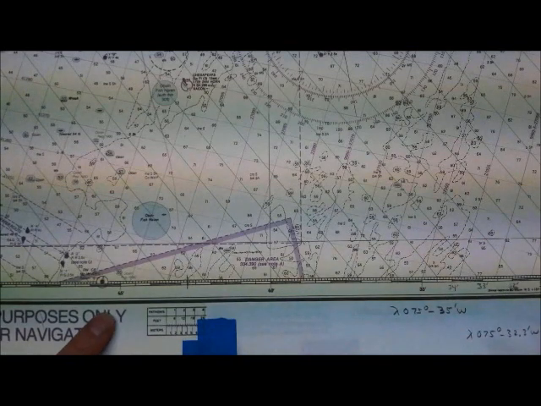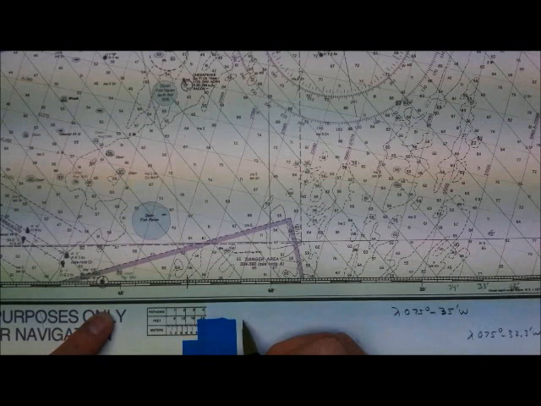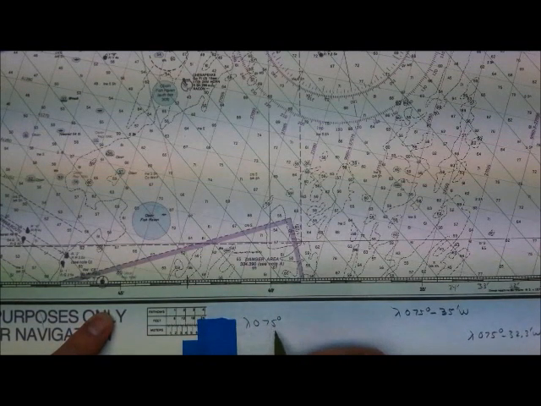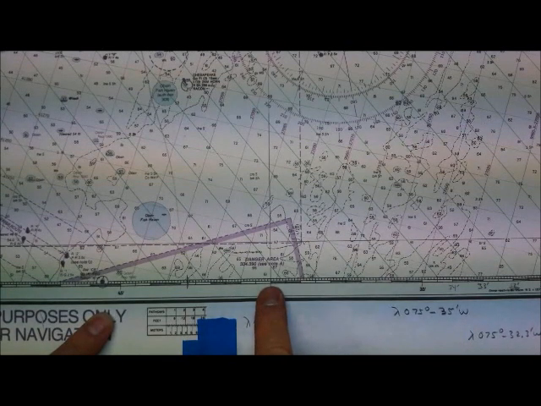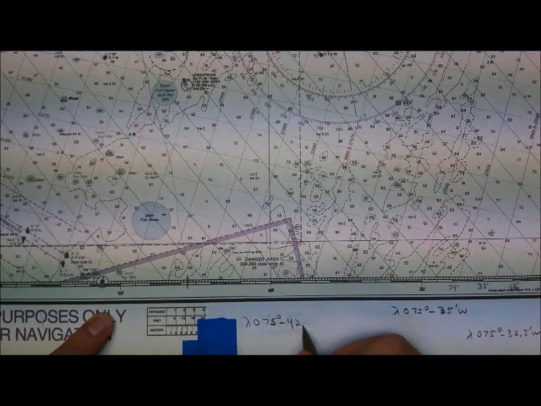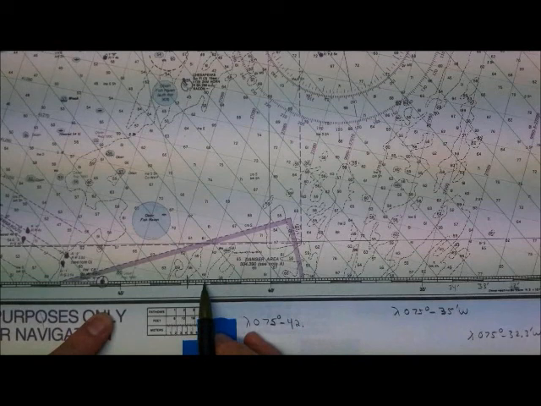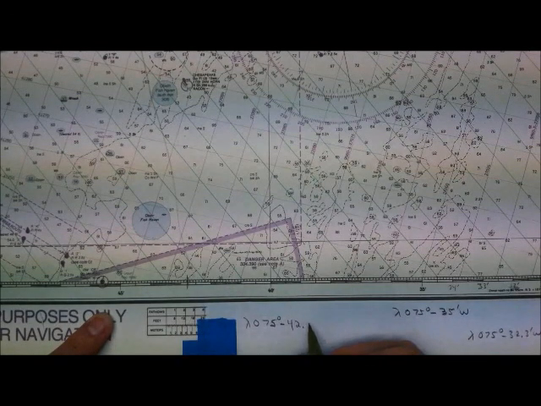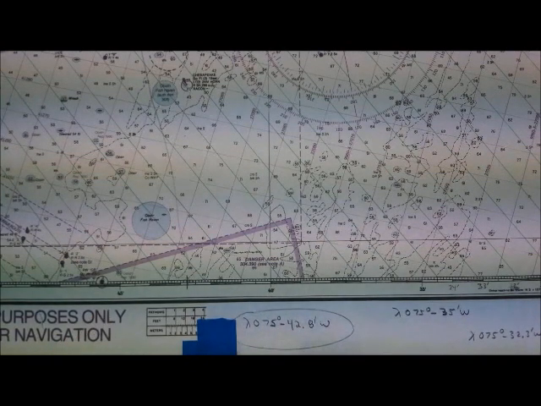So it's going to be longitude 075 degrees, 40, 41, 42, decimal 1, 2, 3, 4, 5, 6, 7, 8. 42.8 minutes west. And that's the longitude of the Chesapeake light.